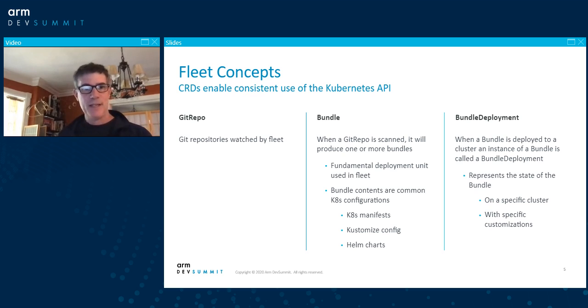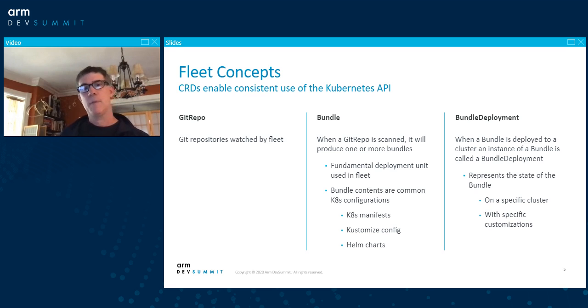The GitRepo CRD is basically a way for connecting with Git repositories. It's just a custom resource definition that knows about a Git repository where it's going to pull from. The bundle CRD is the fundamental deployment unit used by Fleet.